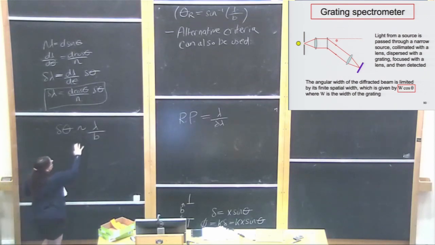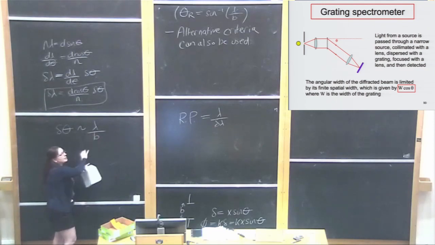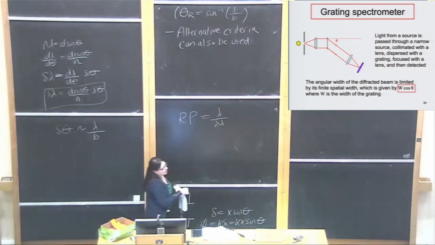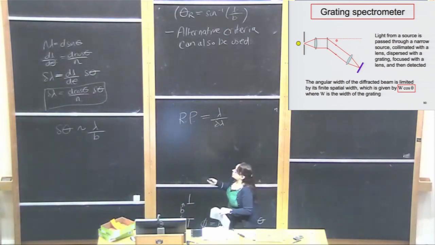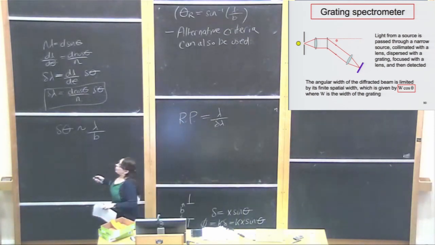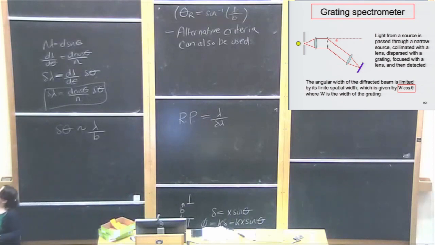But the question is, what is the relevant b here? It's something that characterizes the size of the aperture we're working with. We're not dealing with a single slit now, we're dealing with a diffraction grating. It turns out that the thing that's important is essentially just the width of this parcel of light. That's the correct characteristic width to go in here.